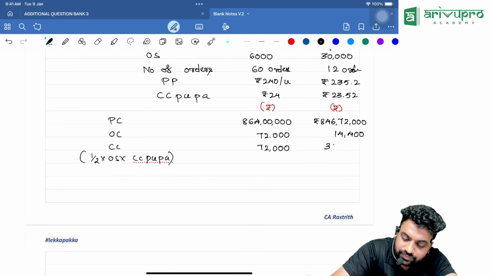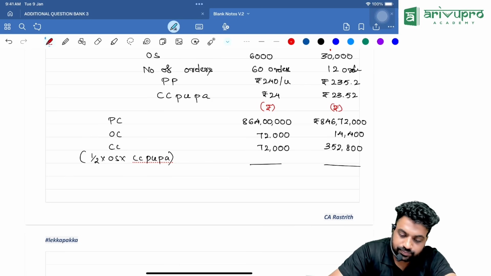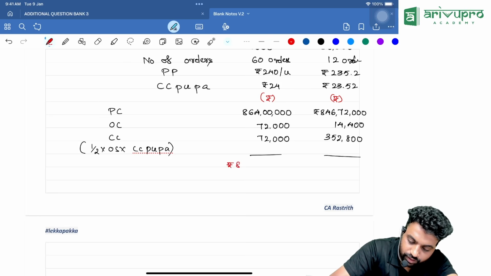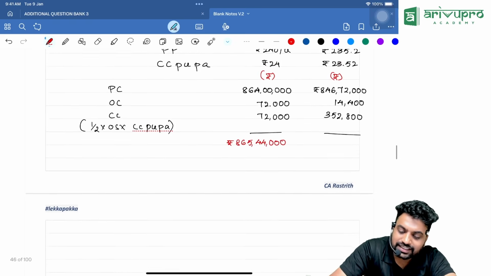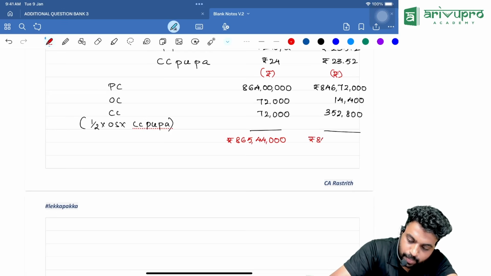is 3 lakh 52,800. Under EOQ, how much will be my total cost? 8 crore 65 lakh 44,000. Under quantity discount, how much would be my cost? 8 crore 50 lakh 39,200.